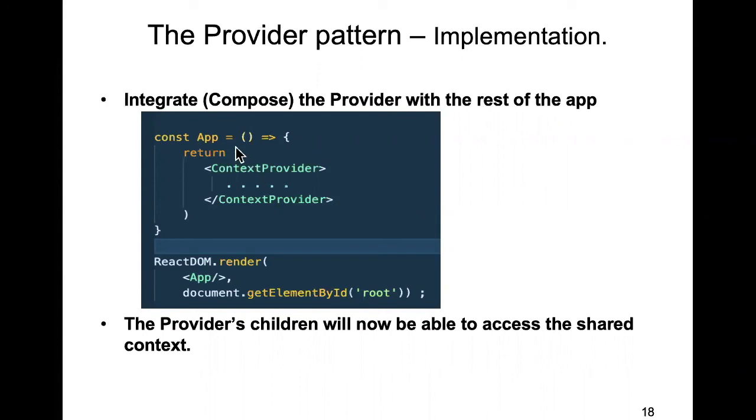Typically, we would put this at the very top component in our hierarchy, and that's where I put it in the Movies app. I haven't been specific here about what is inside, but it's going to be essentially the rest of the app's component hierarchy, which means that every other component can now potentially have access to the context.